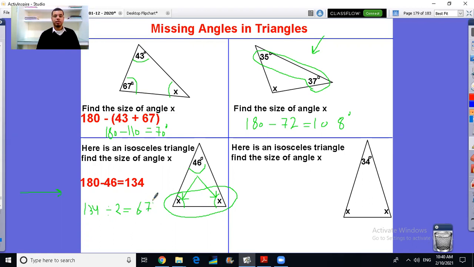So 67 degrees is x. This is 67, and the other one is also 67. It's an isosceles triangle. These two angles are equal. The third is 46, then both of them together we found is 134. I want to find one of them, divide by 2, then each one is 67 degrees. I hope this is clear to you.